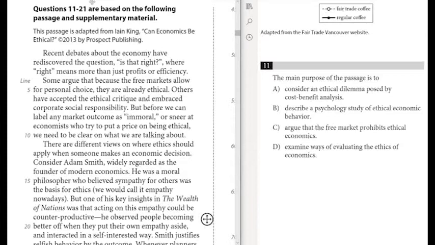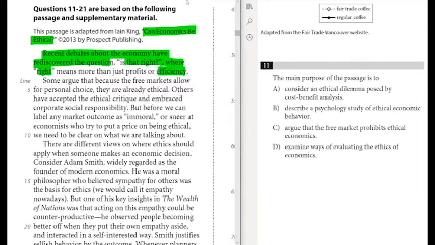But for now, we can look at the title of the passage, Can Economics Be Ethical? And there's also the first line of the passage that says, recent debates about the economy have rediscovered the question, is that right? Where right means more than profits or efficiency. So in other words, ethics is coming up. The question of whether something is right or wrong, which is the idea of ethics, is coming up in economics.